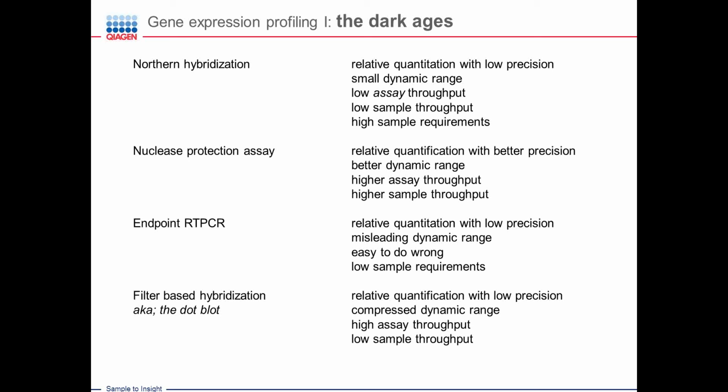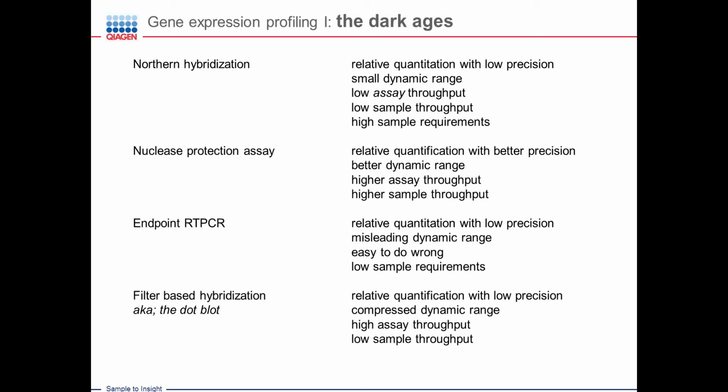And then there was a lot of use of filter-based hybridizations, also known as the dot blot, where you would do sort of a reverse hybridization and affix the probe, typically a plasmid or an oligo, to a filter and label the bulk RNA and hybridize the bulk RNA to the membrane rather than the other way around, and quantify the signal on the dot.